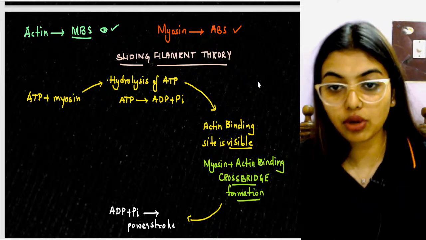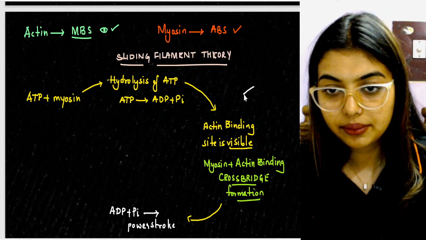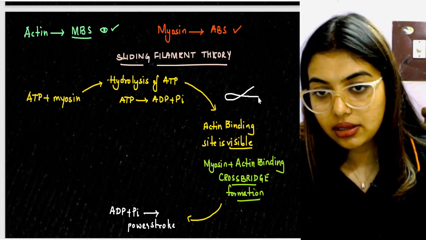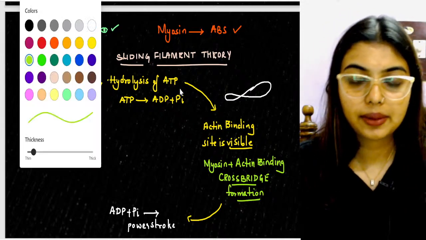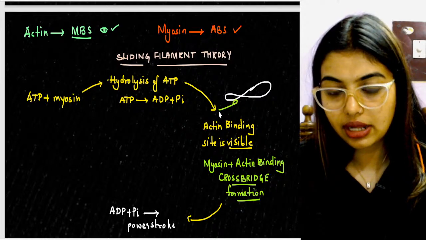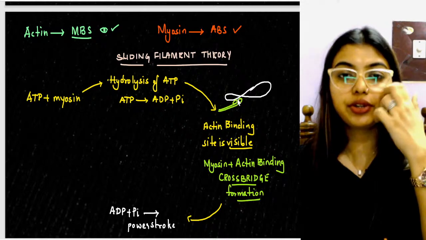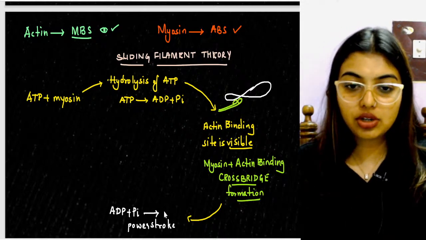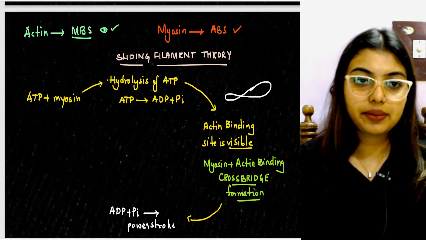So students, here you should remember that, let's say this is your actin. It will bind with myosin, like this binding is going to happen. So this is going to cause the cross bridge. Actually I should draw it the other way, this way.